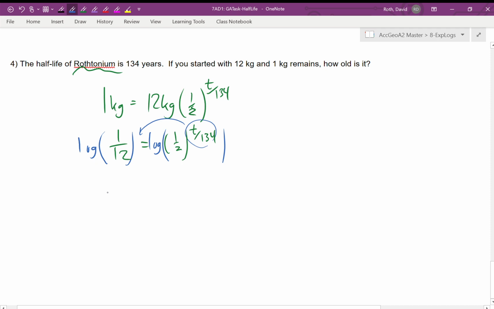So you'll have t over 134 is equal to the log of 1/12 divided by the log of 1/2. And then you should get t is equal to 480.4 years.